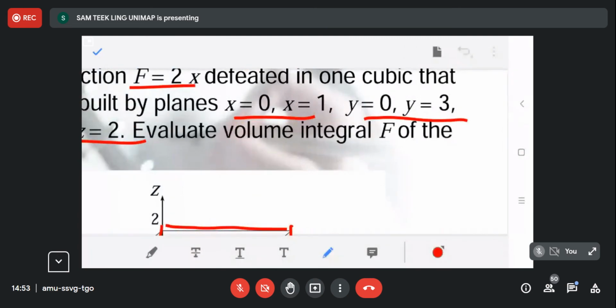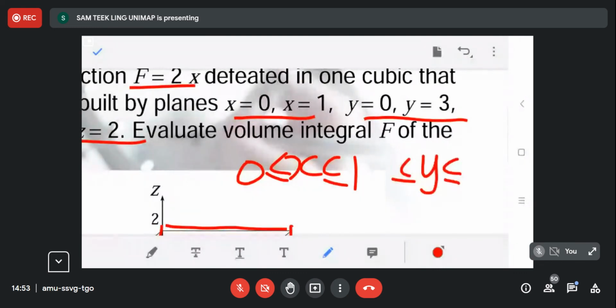Sometimes they use x starting and ending 0, 1, and y starting and ending 0, 3, like this. Sometimes they write out one plane at a time. So this one is a cubic. This one is no problem. This is the basic one.